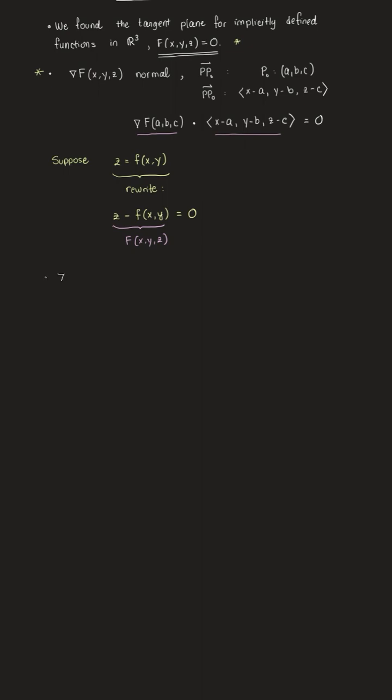The gradient of our function, well, we're going to need the partial derivatives with respect to each variable. The partial derivative of the implicitly defined function with respect to x, which we can also write as capital F with subscript x, is going to be, well, if we look up here, since we're holding z and y constant, negative partial derivative of f with respect to x at x, y.